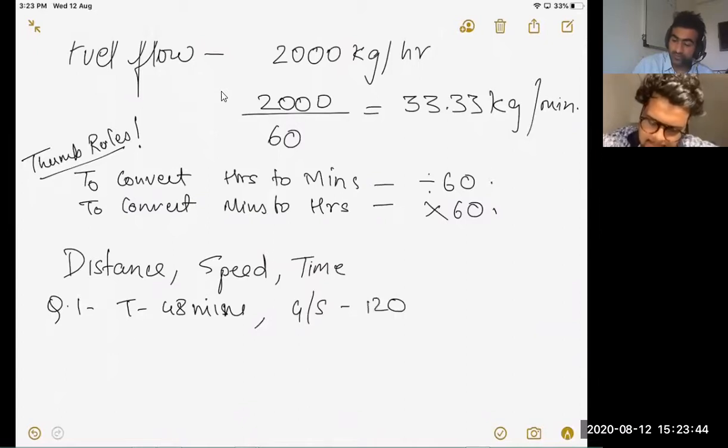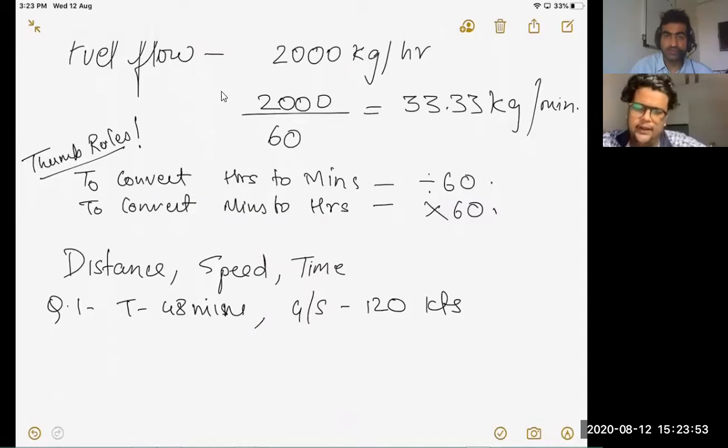So I write down my equation like this: time 48 minutes, ground speed 120 knots. So 48 minutes in hours is 0.8, and ground speed 120. Done this equation: 96 nautical miles.